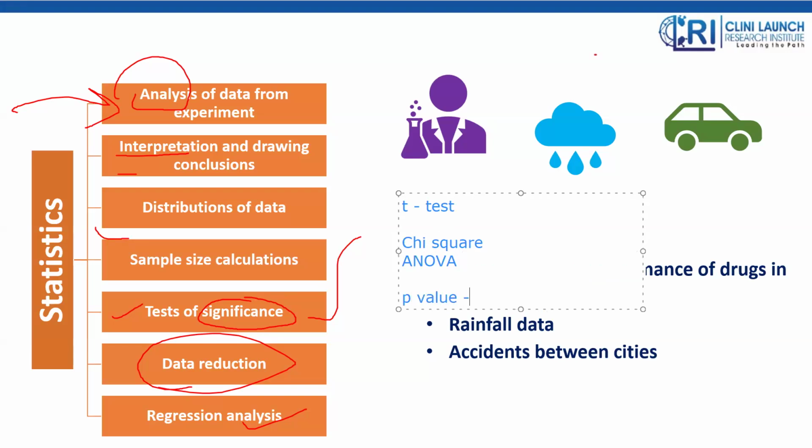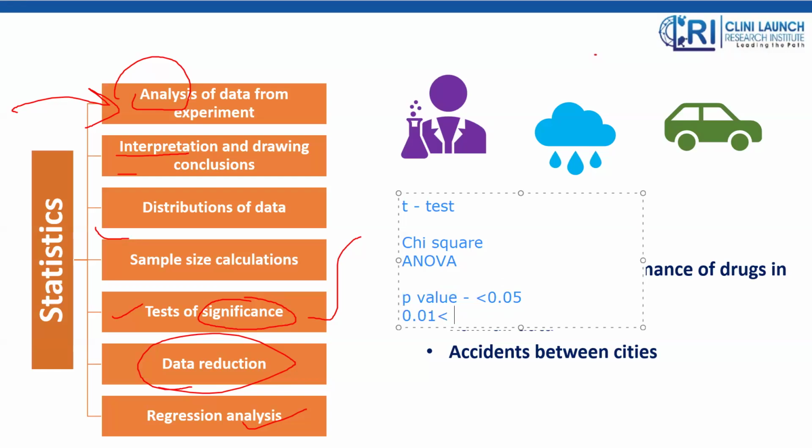P value is called probability value. P means probability. So p value less than 0.05 means there is a significant difference. In the statistical test, the statistical software will give you a p value. Suppose you got the p value 0.01.